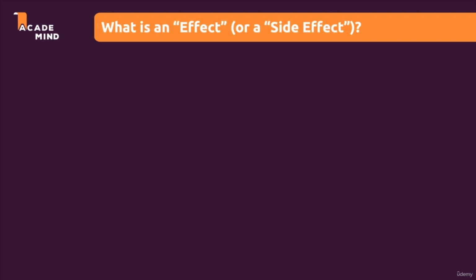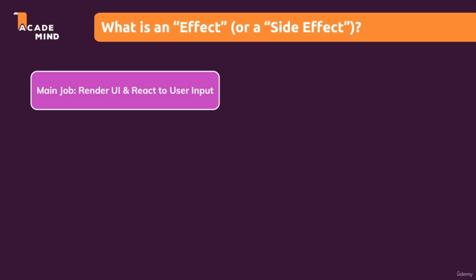But what is that? Well, let's not forget that our components in the React app and our React app as a whole, and also especially the React library itself, has one main job: to render the UI, to react to our user input, to re-render the UI when it's needed. That is what we focused on thus far.